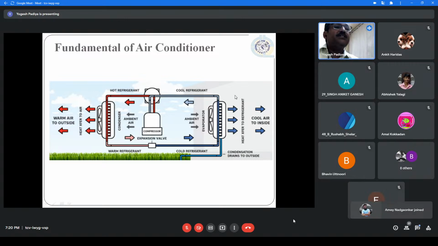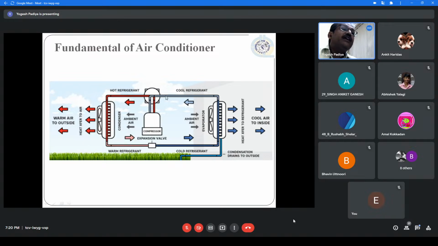Suppose this temperature is 25 and this temperature may be 40. So I have to take the heat from here to here. I am passing a cold fluid having a temperature less than the ambient temperature. When the air passes over the cold coil, the heat of the air is rejected to the inside fluid.